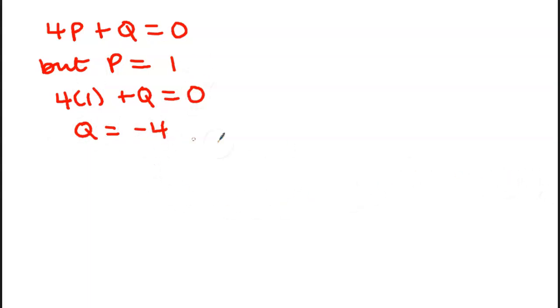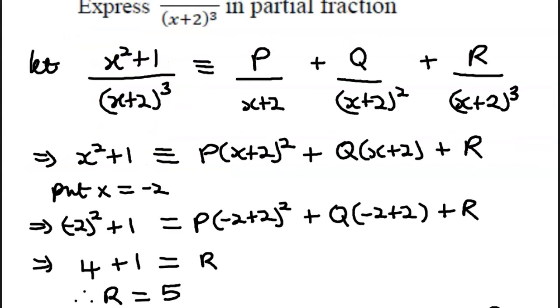So knowing the values of p is equal to 1, q is equal to minus 4, and r is 5, we then substitute them in the expression.